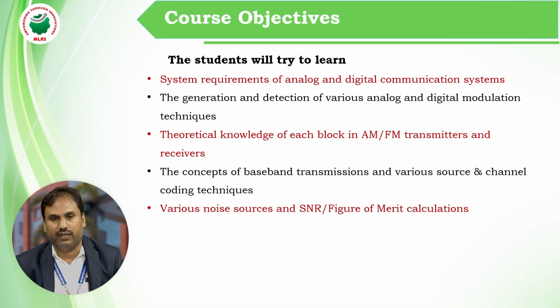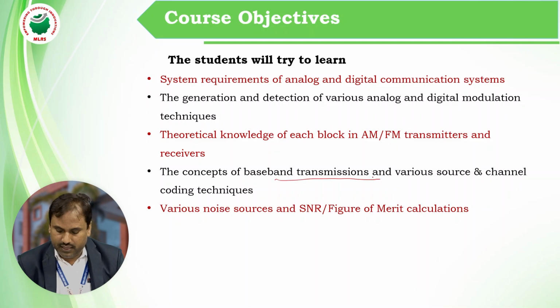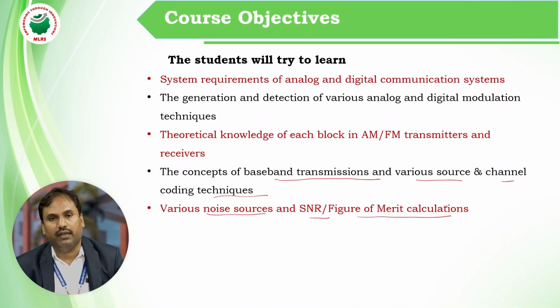These are the things we are going to teach, along with theoretical knowledge of each block in AM and FM transmitters and receivers, and also the concept of passband transmission and various source and channel coding techniques. We will also study various noise sources, SNR (signal to noise ratio), and figure of merit calculations in this course.